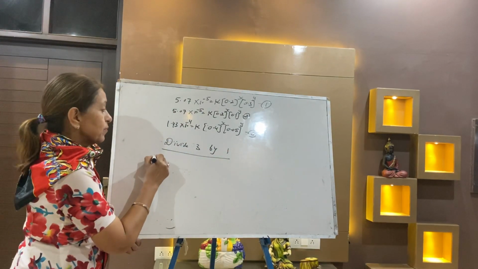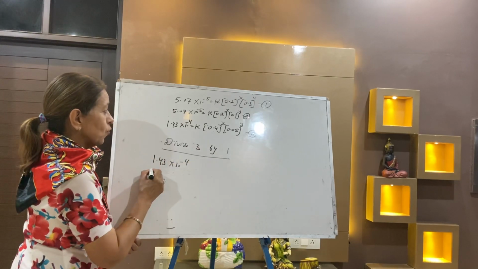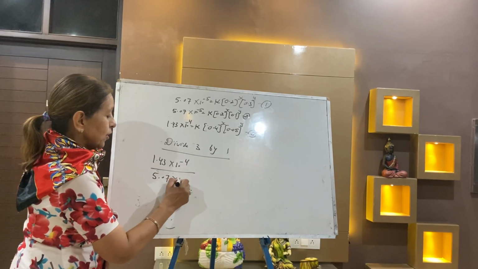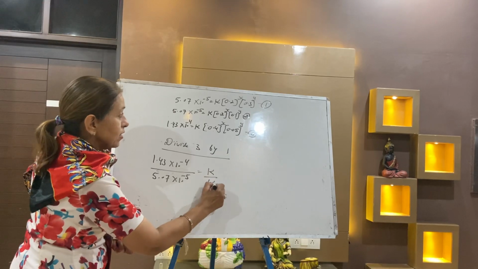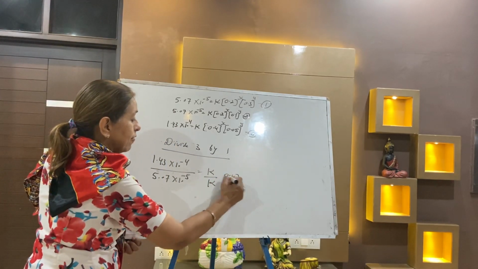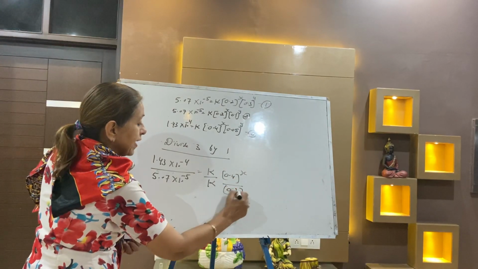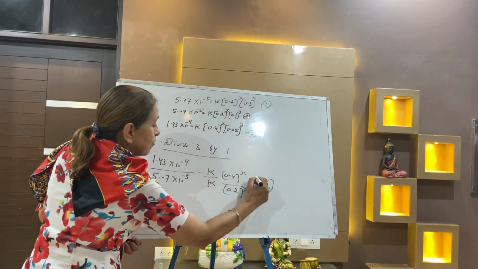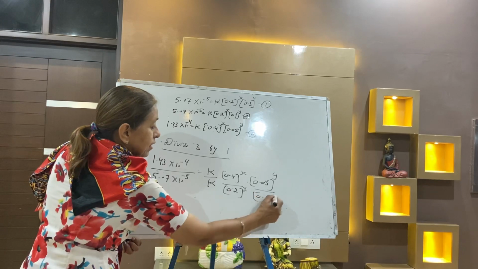The answer is 1.43 into 10 to the power minus 4 divided by 5.07 into 10 to the power minus 5 is equal to K by K, 0.4 power X over 0.2 power X, and 0.05 power Y over 0.3 power Y.